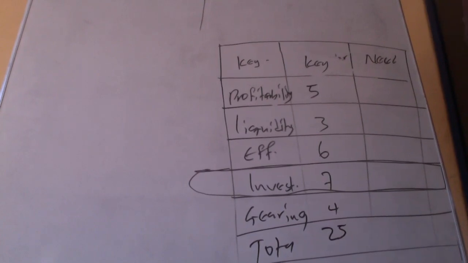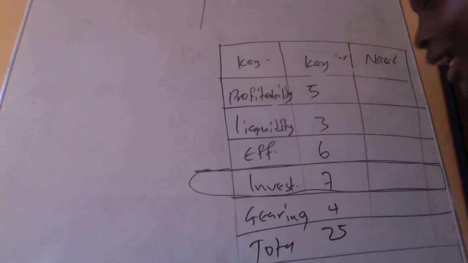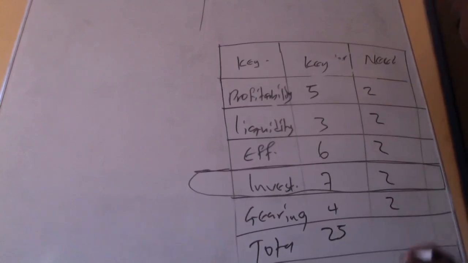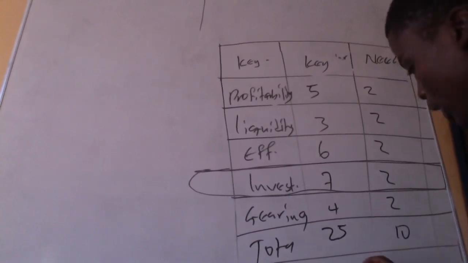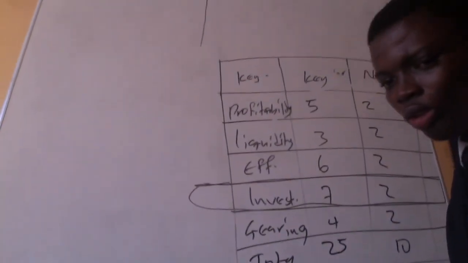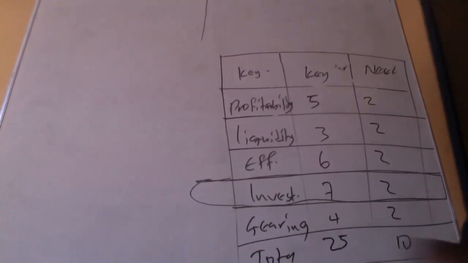Good. But if I'm going to talk about all these 5 at a time, then I need 2, 2, 2, 2, 2, making 10. So a maximum of 10 ratios, a minimum of 7, up to 10 ratios.